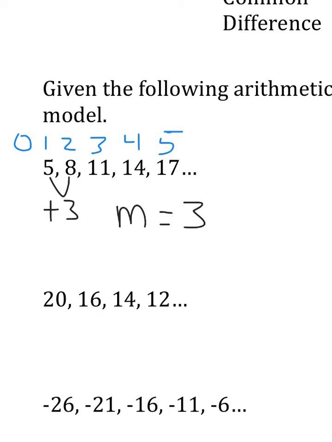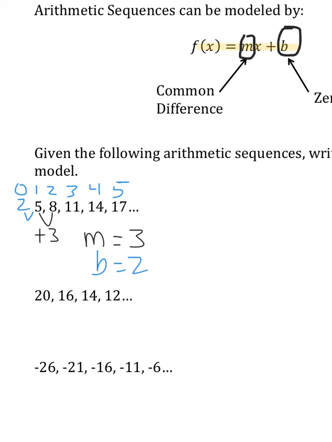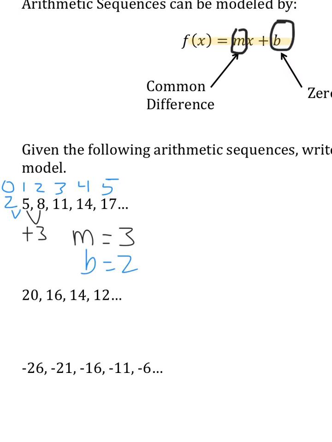So our zero term is the term that comes before that 5. We can think, what plus 3 is going to give us 5? Or we can do the opposite, just subtract 3 from 5, and we should go back to 2. So 2 is going to be our zero term. Looking back up at our function notation, f of x equals mx plus b, we keep our f of x, this is going to be our function.